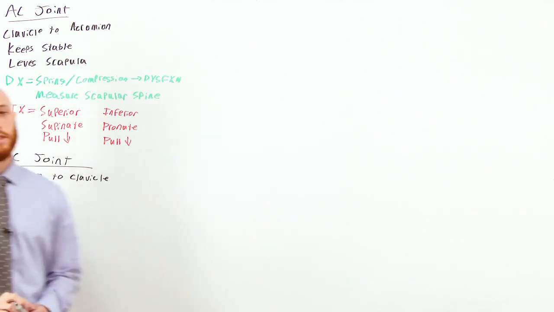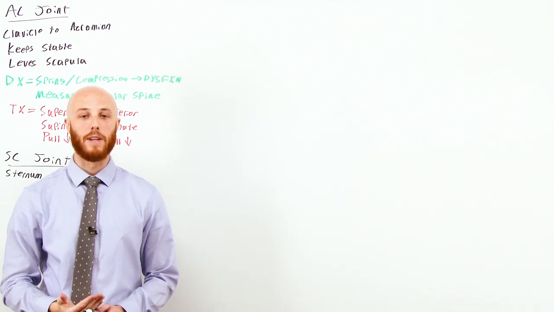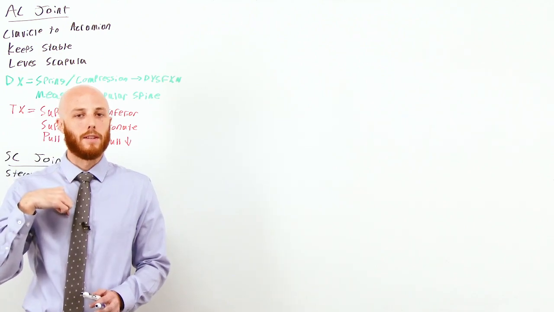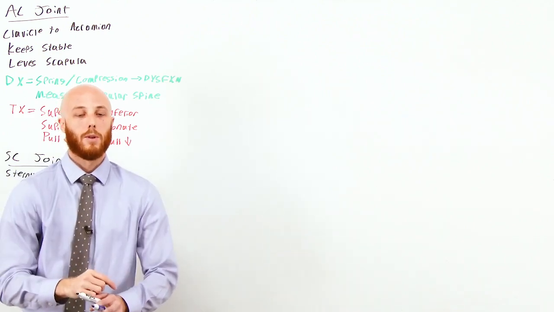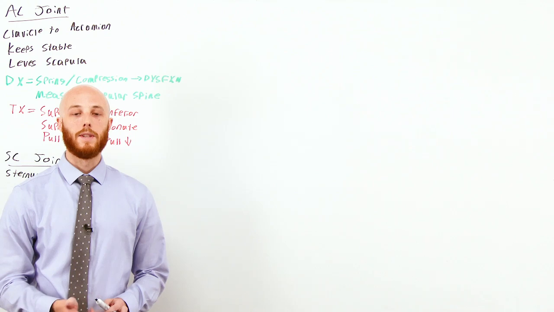Now, what does this joint do? It really helps keep everything stable as you're moving your upper extremity. When you're shrugging your shoulders, the joint will move inferiorly. When you're moving your shoulders forward, the joint will accommodate by moving posteriorly. So we're going to assess this joint by its motions.